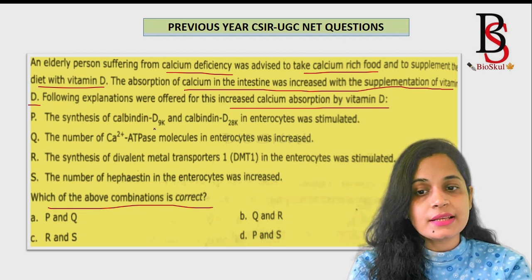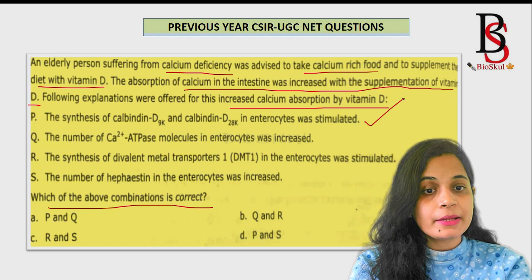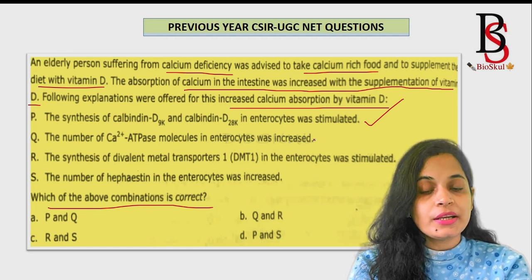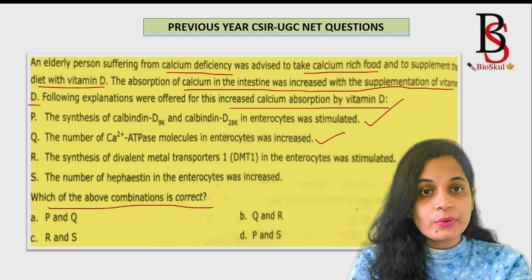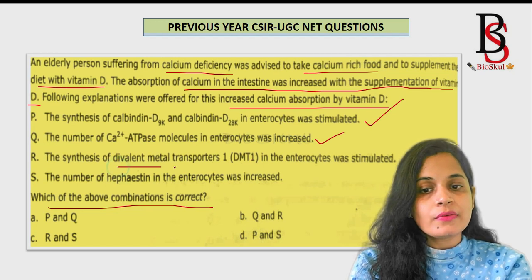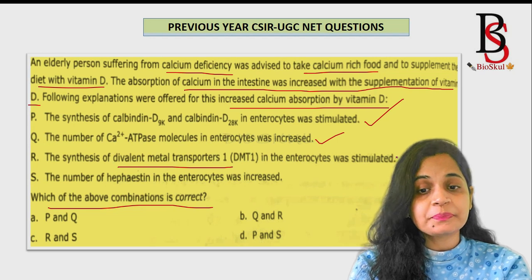The option: the synthesis of calbindin D9K and calbindin D28K in enterocyte was stimulated by vitamin D. Yes, it's true. The number of calcium ATPase molecules in enterocyte was increased. Yes, vitamin D helps in the upregulation of calcium magnesium ATPase also. The synthesis of divalent metal transporter 1 in the enterocyte was stimulated.